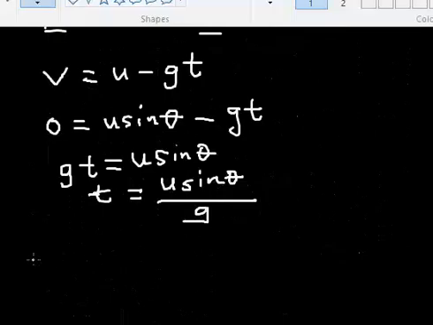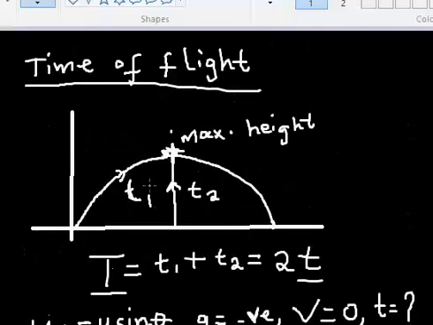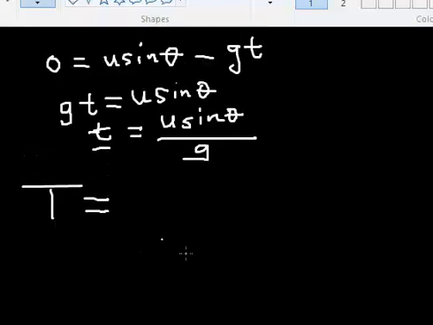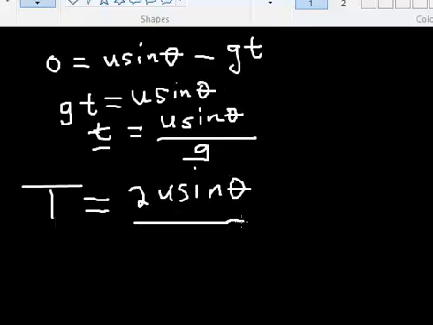Now, if you are looking for the time of flight, which is capital T, it is 2 times the time to reach the maximum height. Already I've told you that the motion is being divided into 2 halves. So that's going to be 2 times the time, which is 2u sine theta all over g. Do well to take note of this formula.